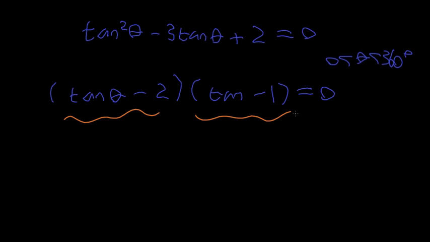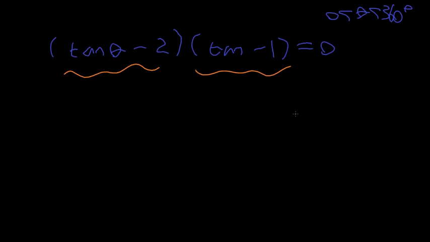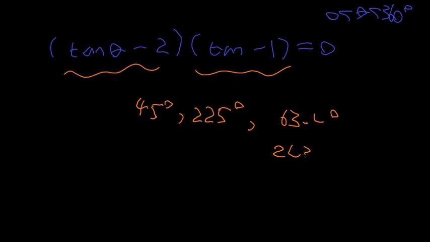So I won't take you through that because it's a bit easy, but I'll just tell you what the answers are that you should get. So 45, 225, then 63.4, and 243.4 degrees. So that's the 4 you're going to get. So try that one yourself.